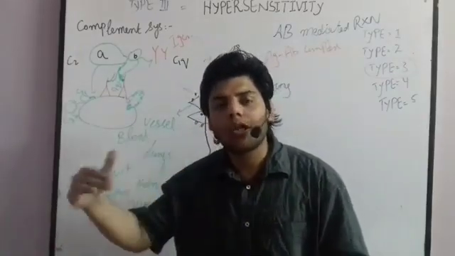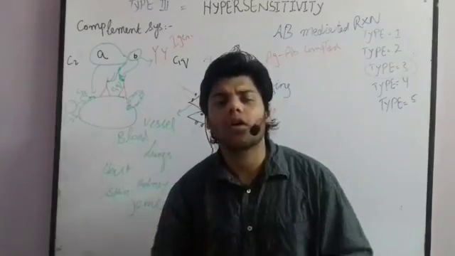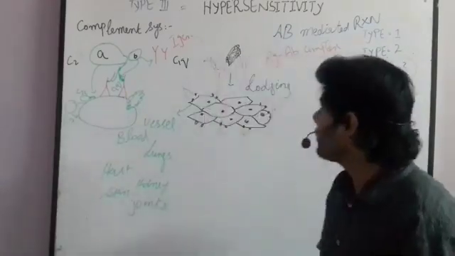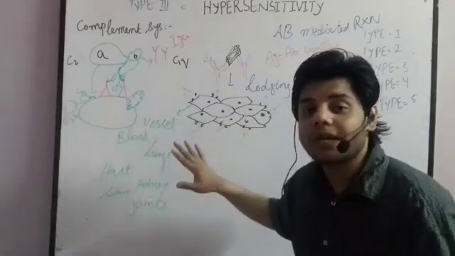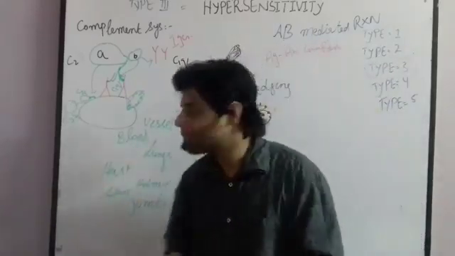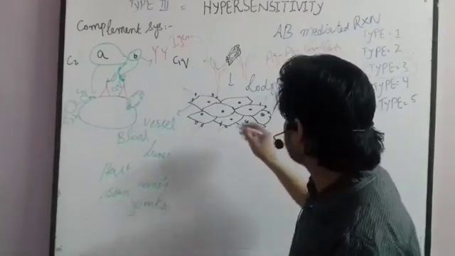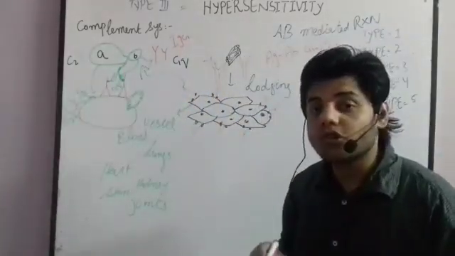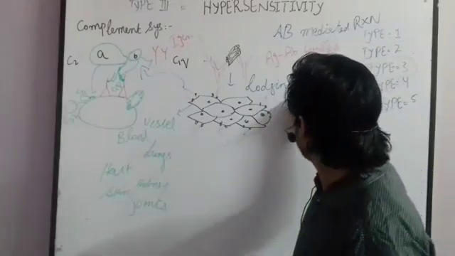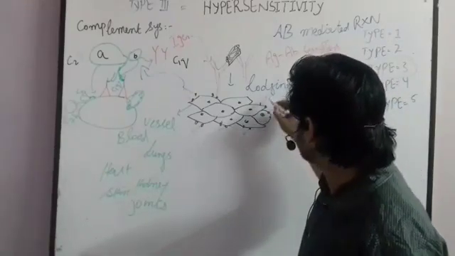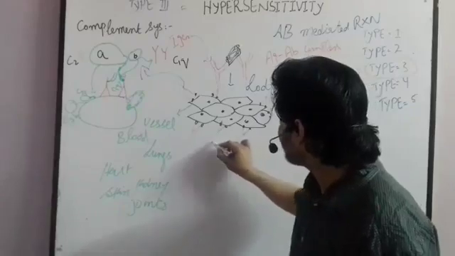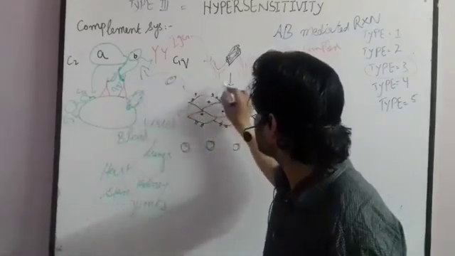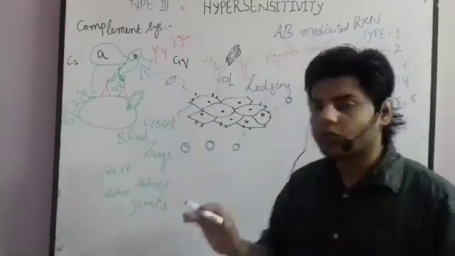Once it is loading on that area for a small period of time, they will activate the complement system. So the complement system will be activated. At the Fc portion of the antibody, as you are watching, the complement proteins are connected.